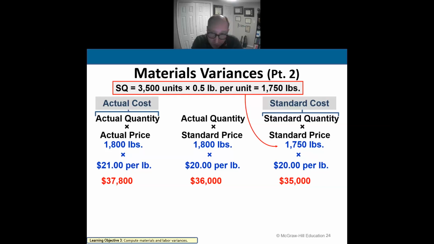Actual 1,800, standard 1,750. So my quantity variance is 50 pounds. Actual minus standard. My price variance is $1. I got it for 21. I normally pay 20. So my price variance is $1 per pound, and my quantity variance is 50 pounds.